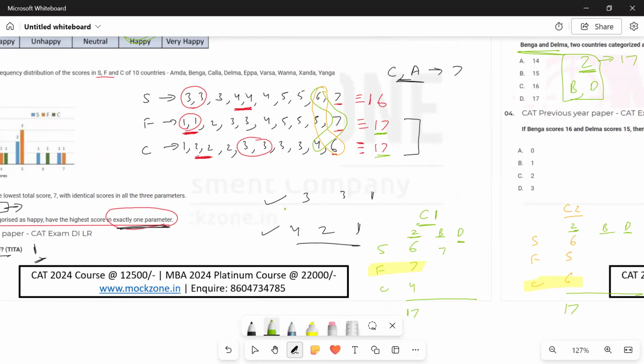Now what is the maximum F it can take? 7 was taken by B, Z took it. So the maximum F it can take is 5, and the maximum C it can take is what? 3. Because if it has taken 7, it cannot take 6. Talking about D, where will its maximum be? In C, which is 6.